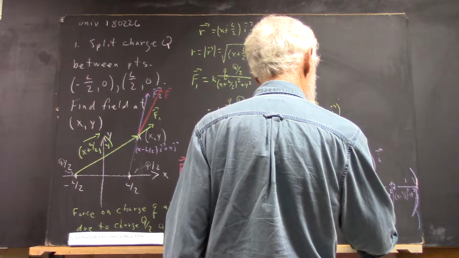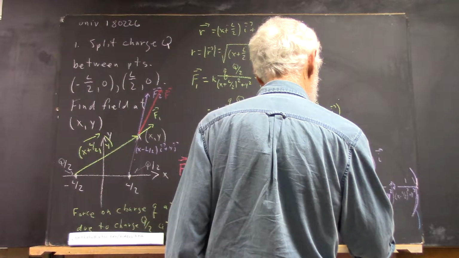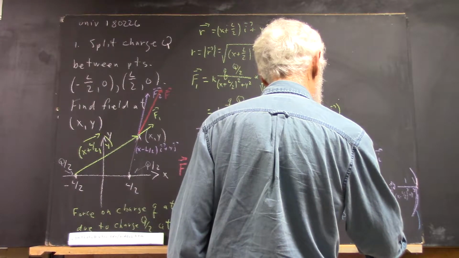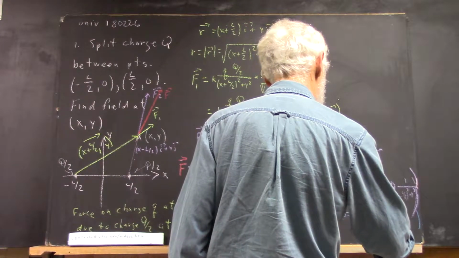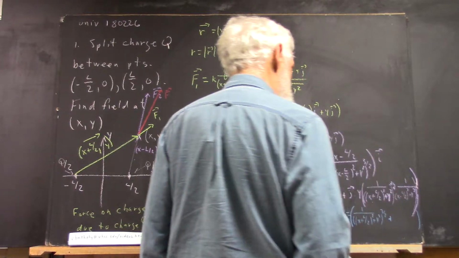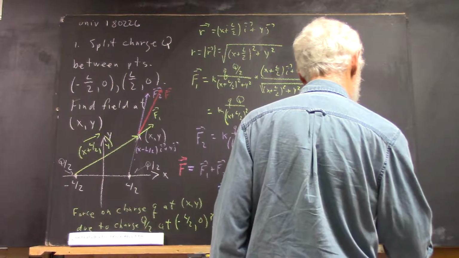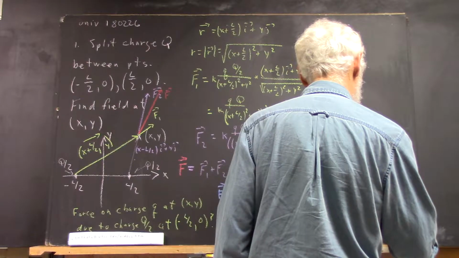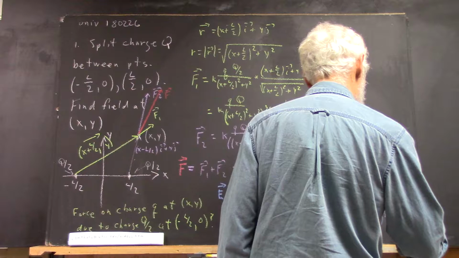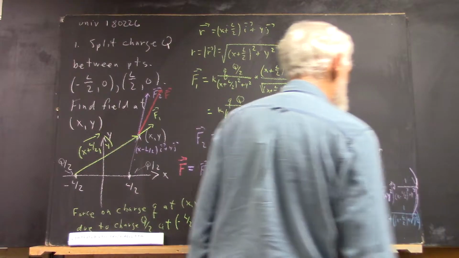So it's 1 over x plus L over 2 squared plus y squared to the 3/2, plus 1 over x minus L over 2 squared plus y squared to the 3/2.